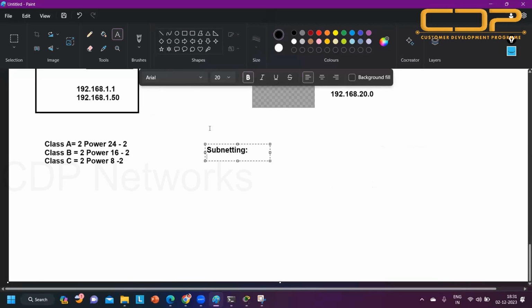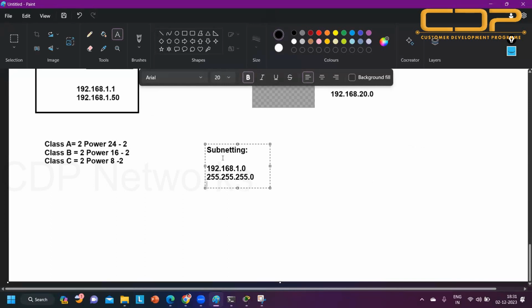Let me give you one example. 192.168.1.0. This network belongs to class C. The subnet mask is 255.255.255.0. In subnetting, I will borrow network bits.